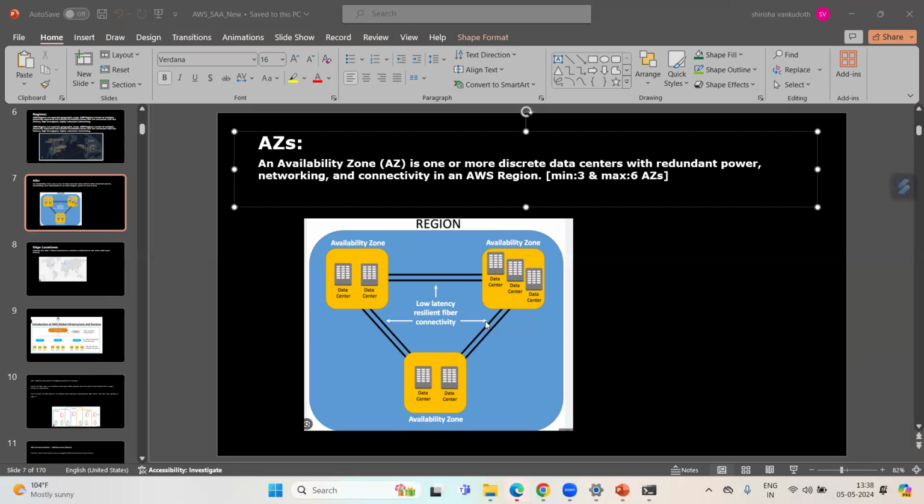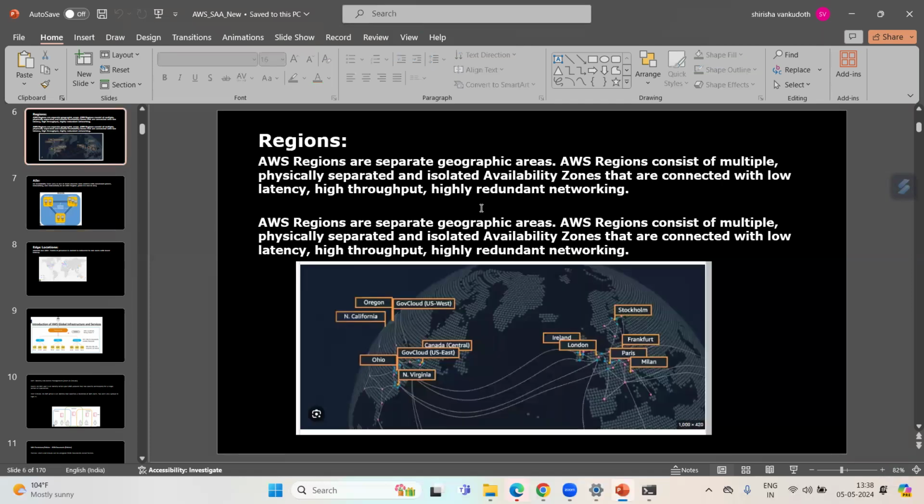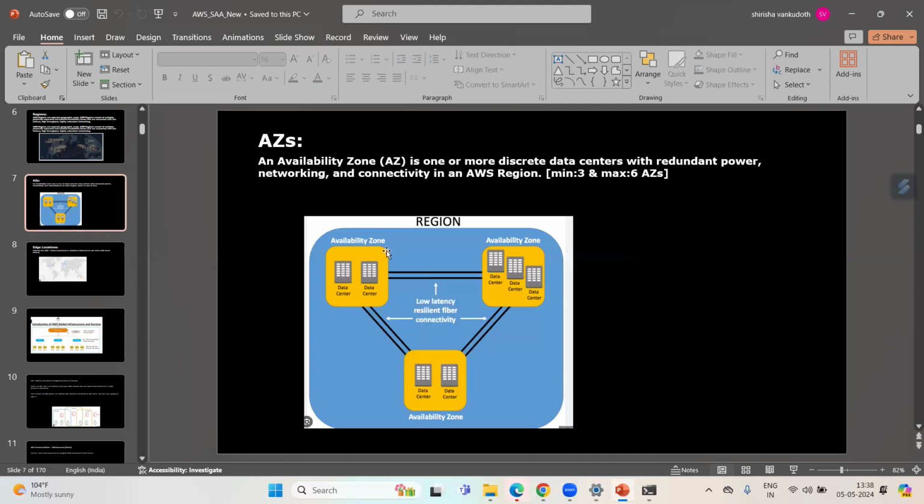Thanks, Raj. Okay. So yeah, if you understand here, right? The region is nothing but a geographical area. And each region consists of availability zones. The minimum is 3 and the maximum is 6 availability zones within each region. And again, these availability zones consist of one or more discrete data centers, with redundant power, networking, and connectivity in an AWS region.